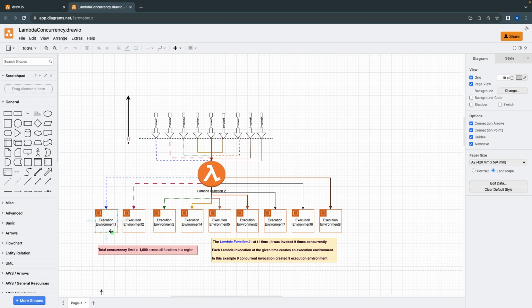So you would have 9 execution environments provisioned to process the incoming invocations for this particular Lambda function. Lambda provisions this execution environment with the required programming environment that you have specified.